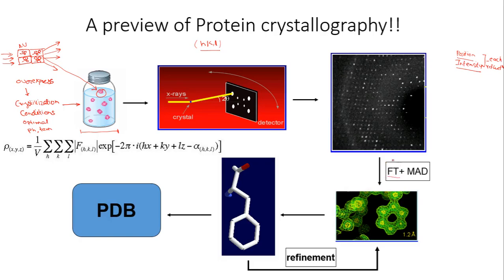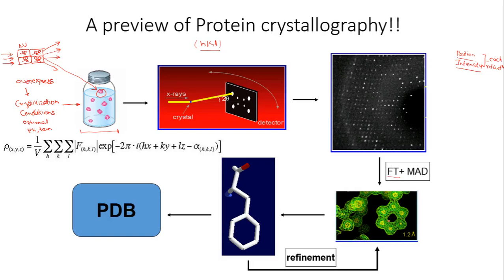The objective of giving input of position and intensity to this Fourier transform expression is to obtain the electron density map. Once we end up with position and intensity, our next job is to obtain the electron density for our model, or for our protein molecule.